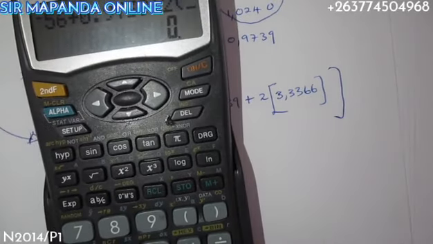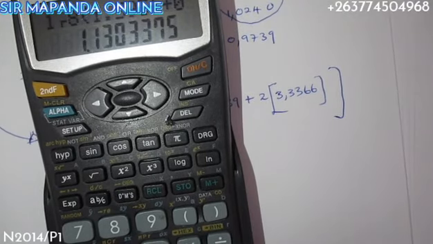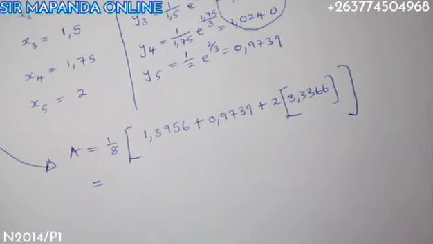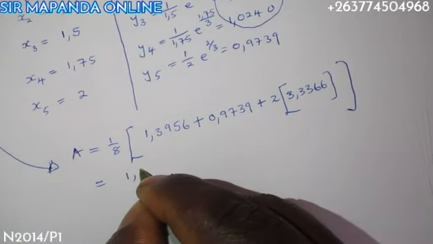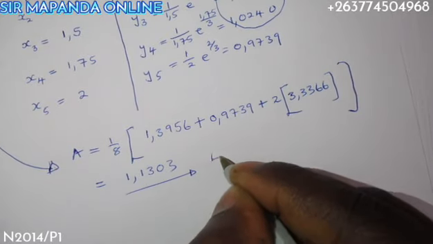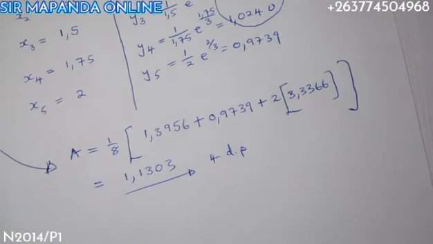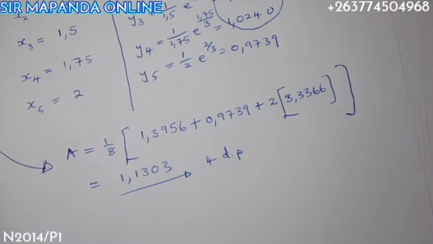The sum of the rest is 3.3366. You get 1.1303. So 1.1303 is your final answer to 4 decimal places, which is the requirement of the question. So this is how you're supposed to attack this question.